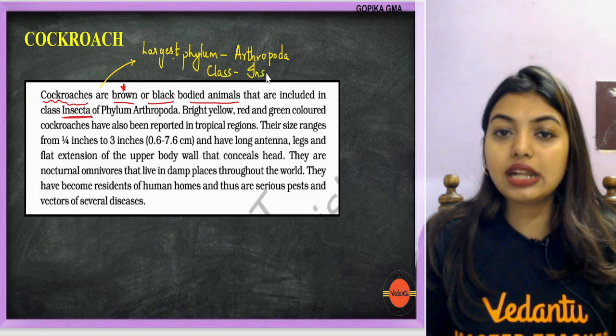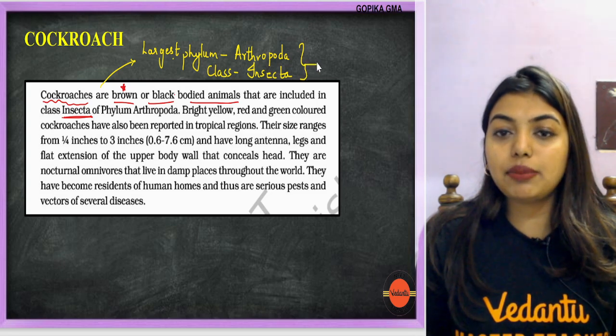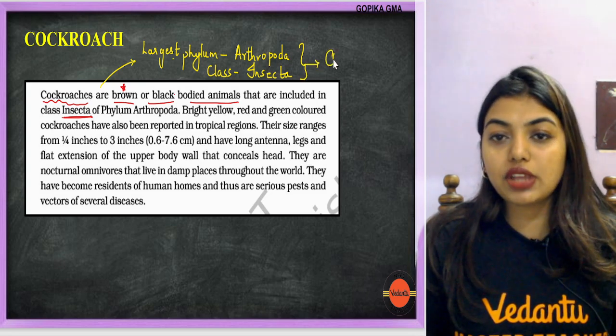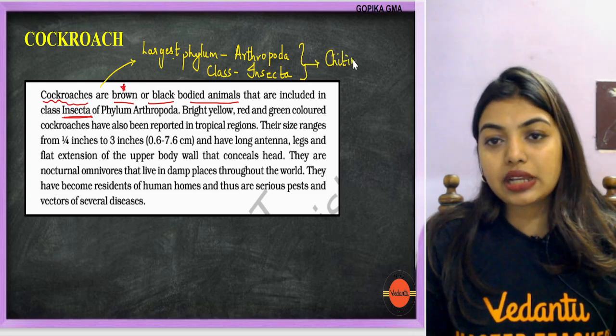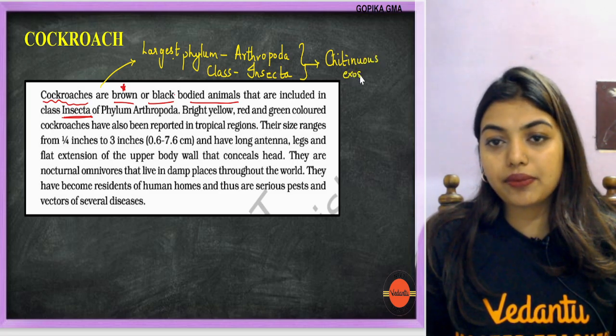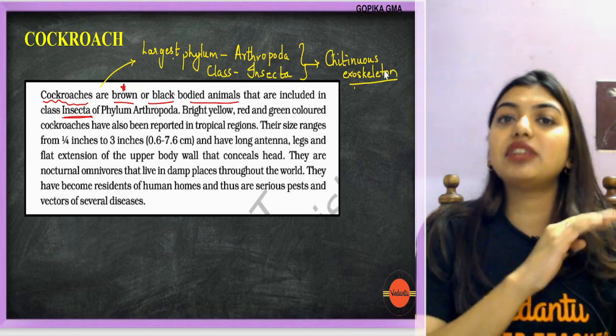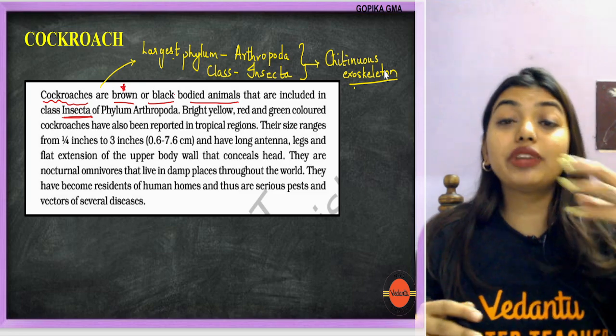And not just that, the reason why these animals are able to survive in every place, every condition, is their chitinous exoskeleton. Chitinous exoskeleton. This is the main reason why they are able to survive in every kind of condition, because of the chitin layer.